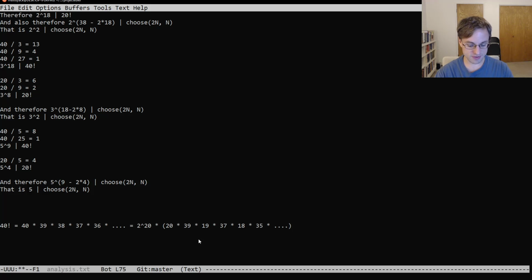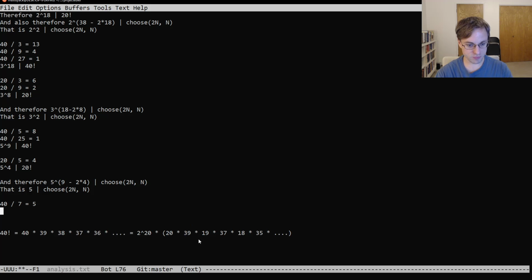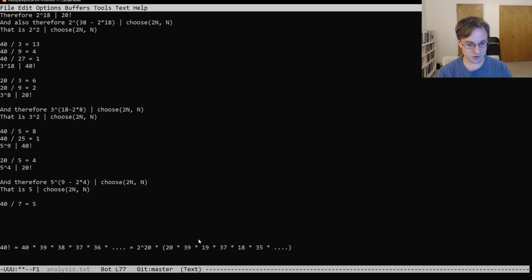Now the 7's. 40 divided by 7 is equal to 5. And that's it. 7 squared does not divide 40. And so then we'll say 20 divided by 7 is equal to 2.